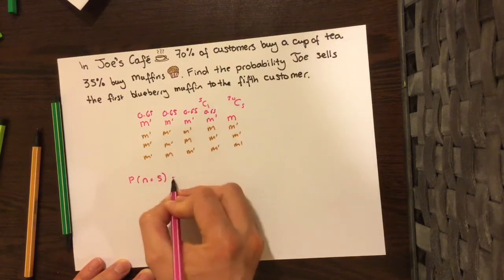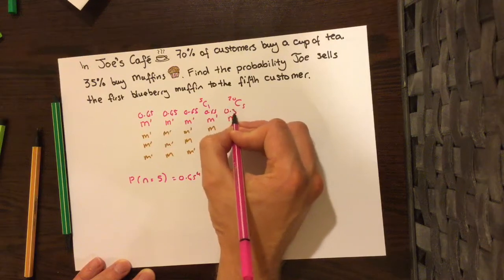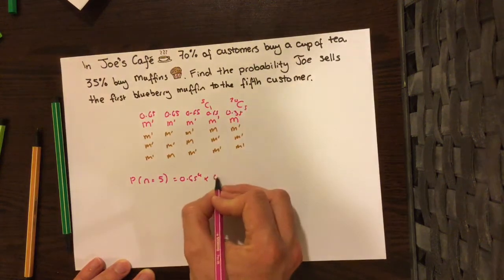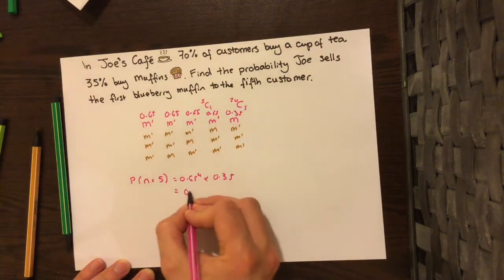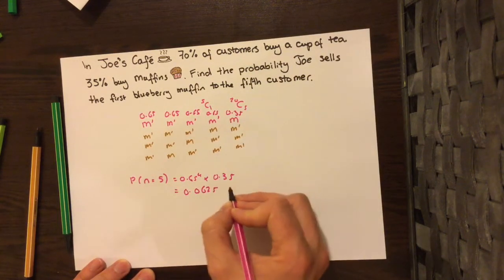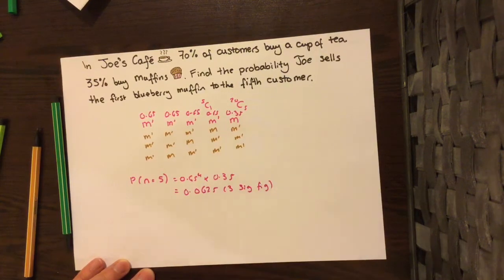So it's 4 of those, so it's 0.65 to the power of 4, times by this person finally buying a muffin, 0.35, which gives you 0.0625 to 3 significant figures.